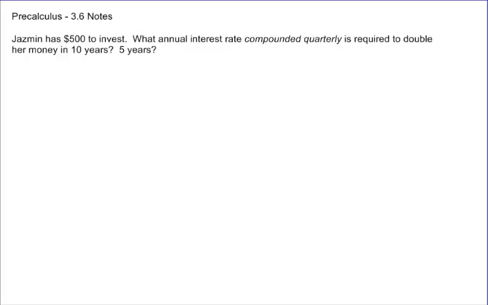No problem. We can write down what we know, keeping in mind that we're working with the equation P times 1 plus the rate over K, to the K times T. This is our equation. So let's set up what we know. We know that A is going to be double 500, so it's going to be $1,000.